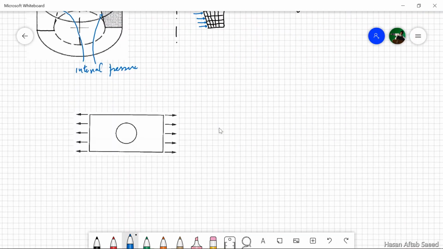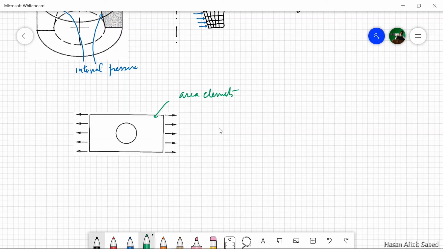Now consider another problem. Let's say this is a thin plate which has been reduced to a 2D analysis, considering it a plane stress problem. Now you just need to mesh this plane with area elements. So this is one stage of simplification already achieved. But can this be further simplified?